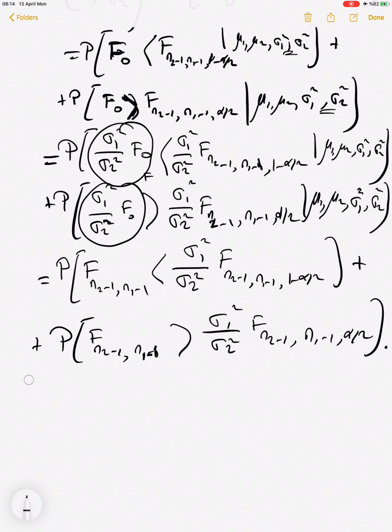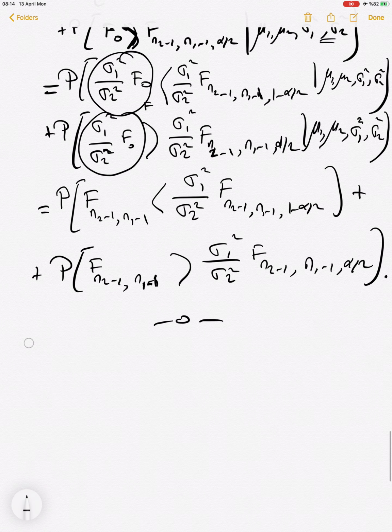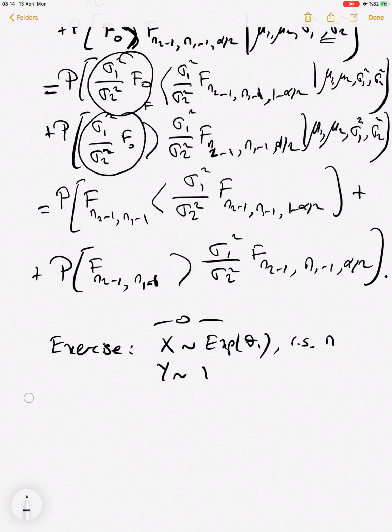As you can see, it's very long to solve. Let me give you an exercise where we have two exponential random samples of size n: X exponential theta 1 and Y exponential theta 2, same sample size, and these are independent from each other.